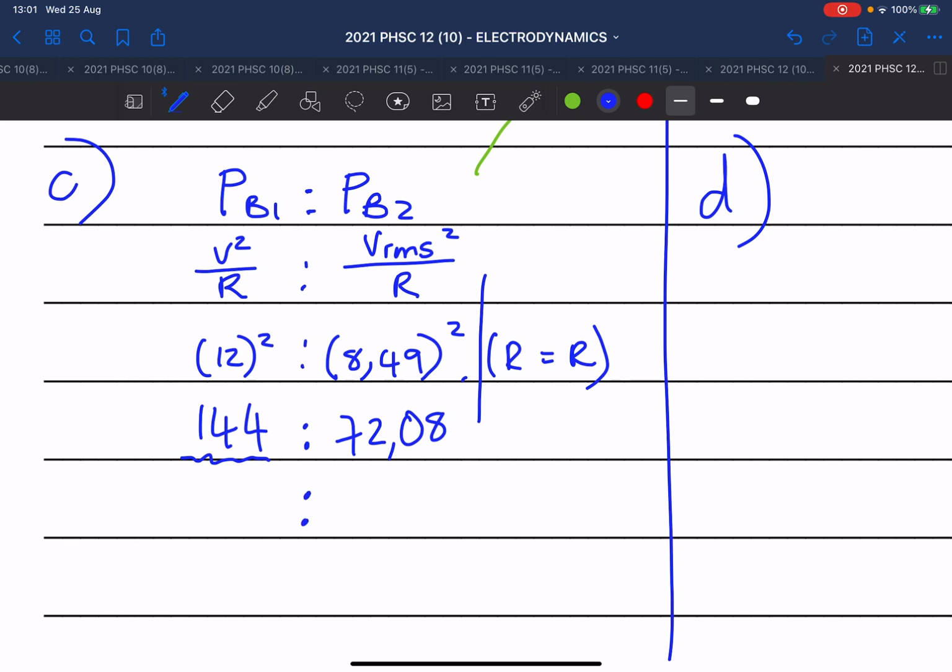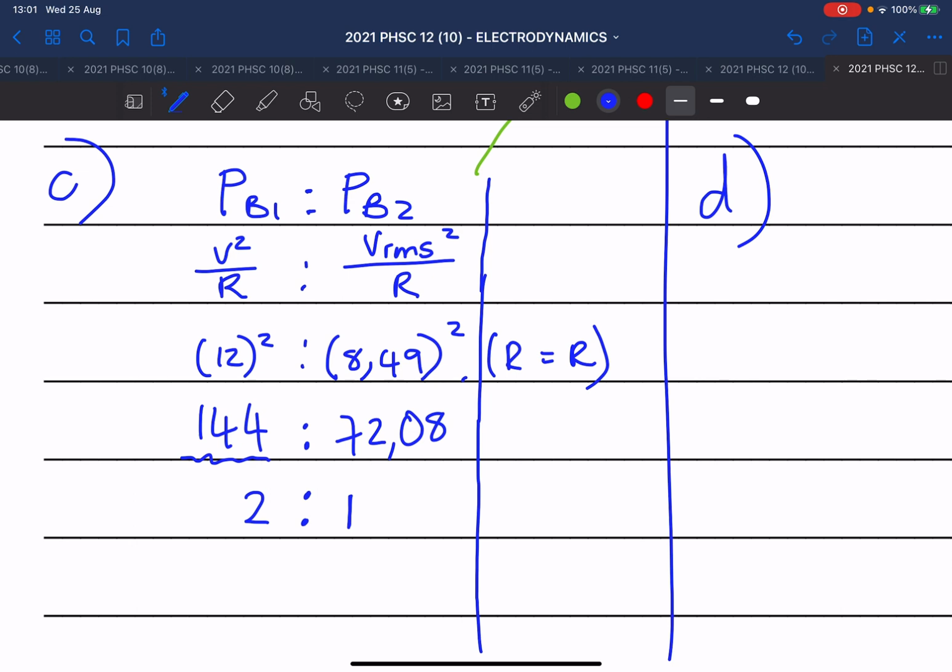Okay, what do you do next, Zanele, to get a ratio? Can I just leave it like that? How do you get the ratio? Yes, you're going to divide by the smallest number on both sides, and then you're going to round up or down if you're close to a whole number. Then you should get 1 to 2, more or less.